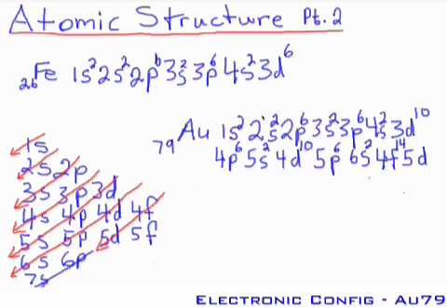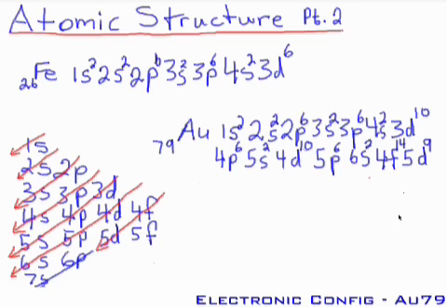What's that add up to? 2, 4, 10, 12, 18, 20, 30, 38, 48, 54, 56, 60, 70. We only need 9 electrons. All right. There is our predicted electronic configuration for gold. Now this is the electronic configuration that gold would have in its neutral state.